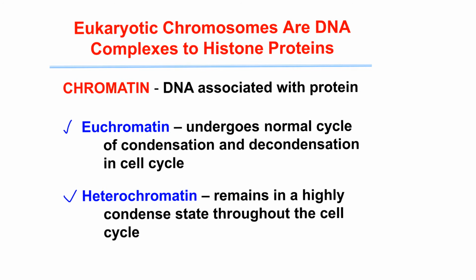Now, what is heterochromatin? Heterochromatin remains in a highly condensed state throughout the cell cycle, so it doesn't change during mitosis, meiosis, or interphase. Where do you find it? You find it in each chromosome, in the area of the centromere and telomere, highly repetitive sequences which do not encode genes, or there are genes which stay in a heterochromatic state.